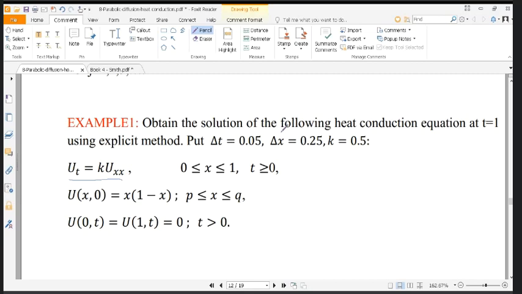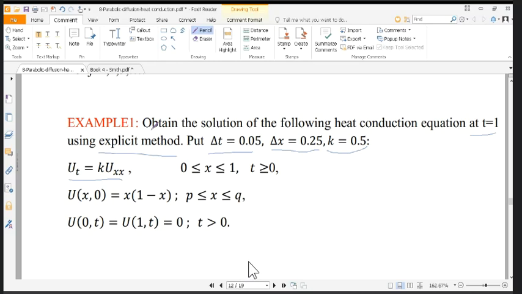At t equal 1, we use the explicit method and put delta t equal to 0.05, delta x equal to 0.25, and k is 0.5. We are going to obtain the solution of the following heat conduction equation at t equal 1 using the explicit method, with delta t, delta x, and k as given in the example.